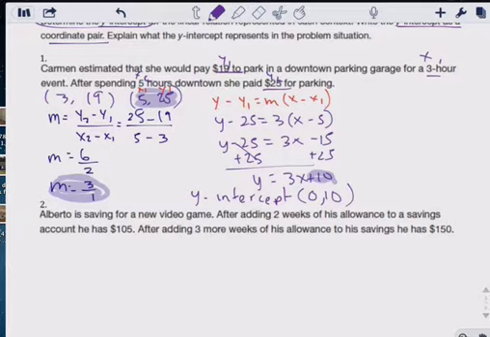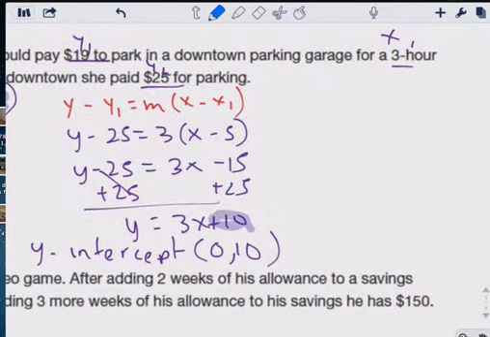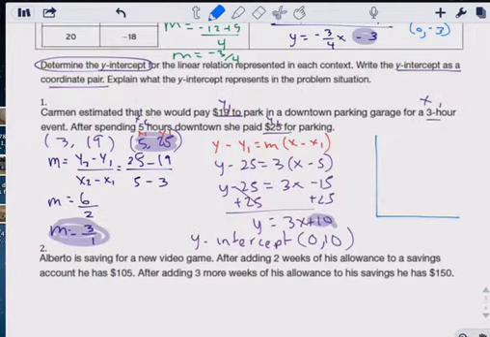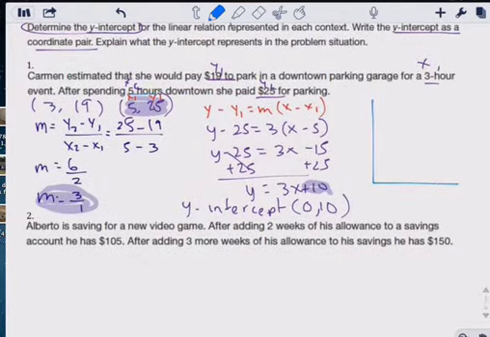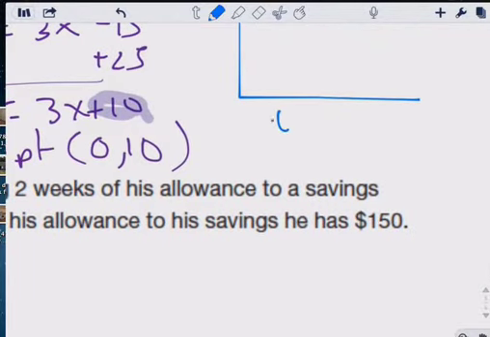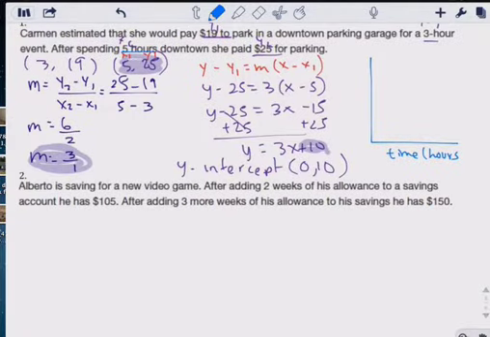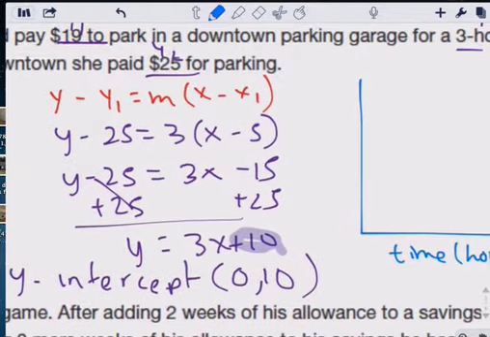Explain 0, 10. Alright, make sure if you're lost at this, you write down your x. Your x is the number of hours for parking. Time in hours. Okay? And then here is the total cost for parking.